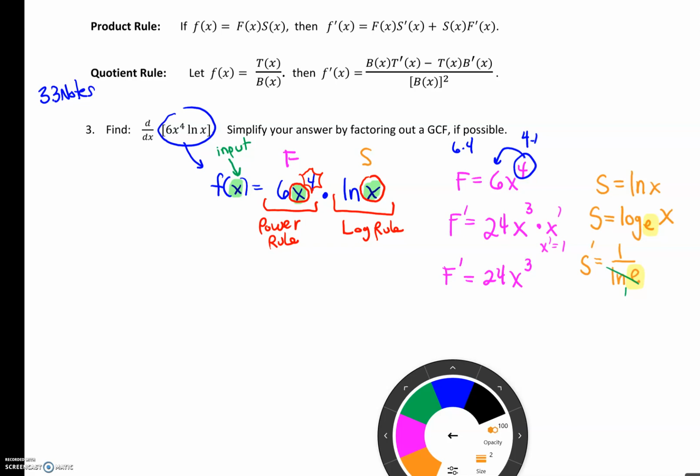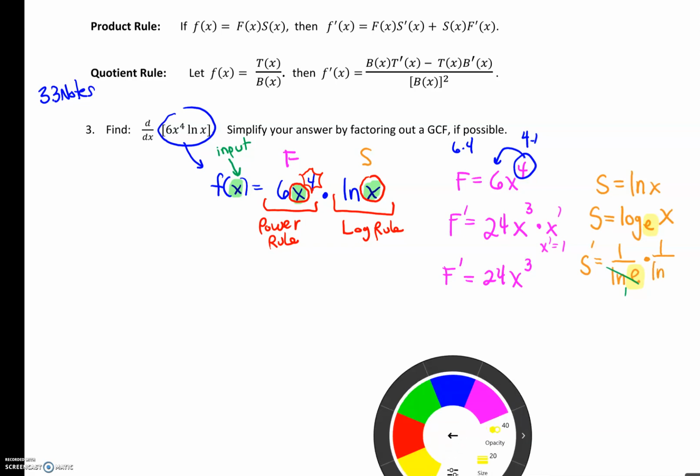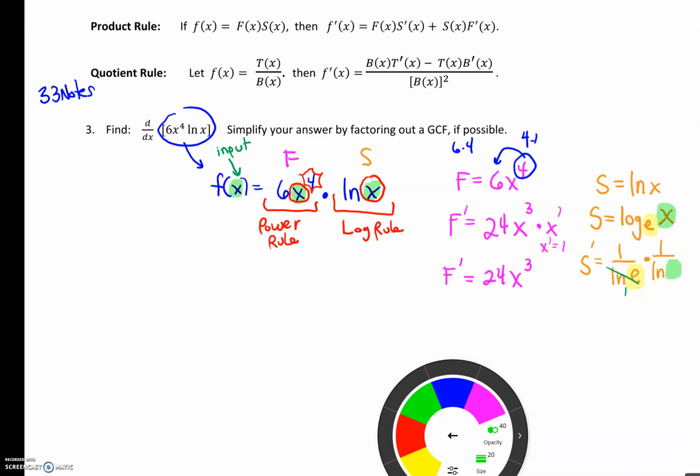But anyway, so then the next part of the rule says I multiply by 1 over the argument. My argument was a plain old x, so it's just 1 over x.